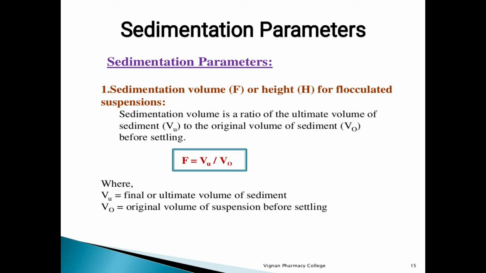Sedimentation volume is a ratio of the ultimate volume of sediment Vu to the original volume of suspension, that is V0, before settling down. So sedimentation volume F is equal to Vu upon V0, where Vu is the final or ultimate volume of sediment.